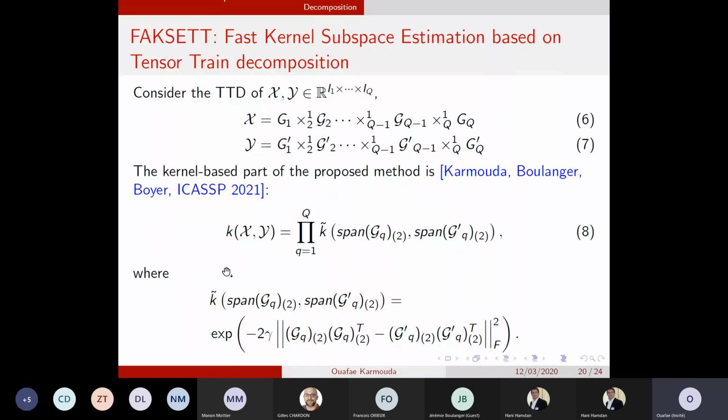And then we define, as in the native method, the kernel between X and Y just as the product of these subkernels, where we also use the Gaussian kernel, which is defined between the subspace spanned by the second unfolding of GQ and the subspace spanned by the second unfolding of GQ prime, by the Gaussian kernel, where we use the projection metric as a distance between these subspaces in order to have a semi-definite positive kernel function that will lead to a valid kernel for K tilde and then a valid kernel K between the tensors X and Y.